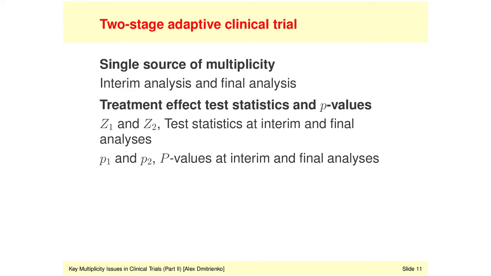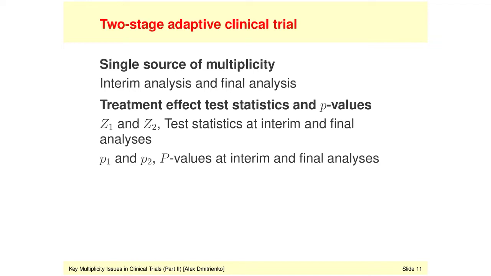In a group sequential setting, we would compute the treatment effect statistics and p-values denoted by z1 and z2, or p1 and p2, and those test statistics or p-values would be computed at the interim analysis and at the final analysis. The key point here is that the test statistics and p-values are based on accumulated data rather than stage-wise data.